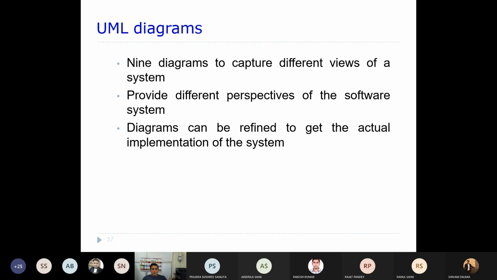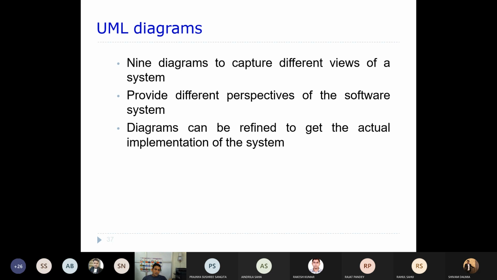They provide different perspectives of the software system. By using all these different UML diagrams, you give different perspectives of the software system, right? So always try to capture different views of a system, and these views can be captured through different diagrams.